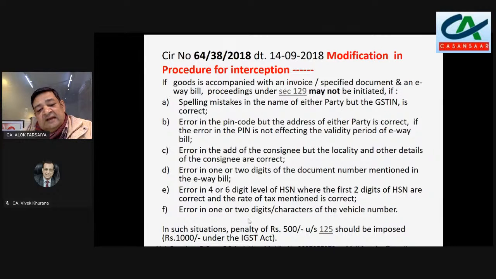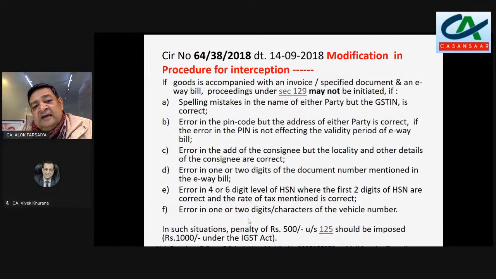Similar thing happens in mentioning the truck numbers. This is also a very common human error, because ultimately a human being is punching that data for generating the e-way bill. And the HSN code on the e-way bill. An error in the HSN code is a very different sort of problem.